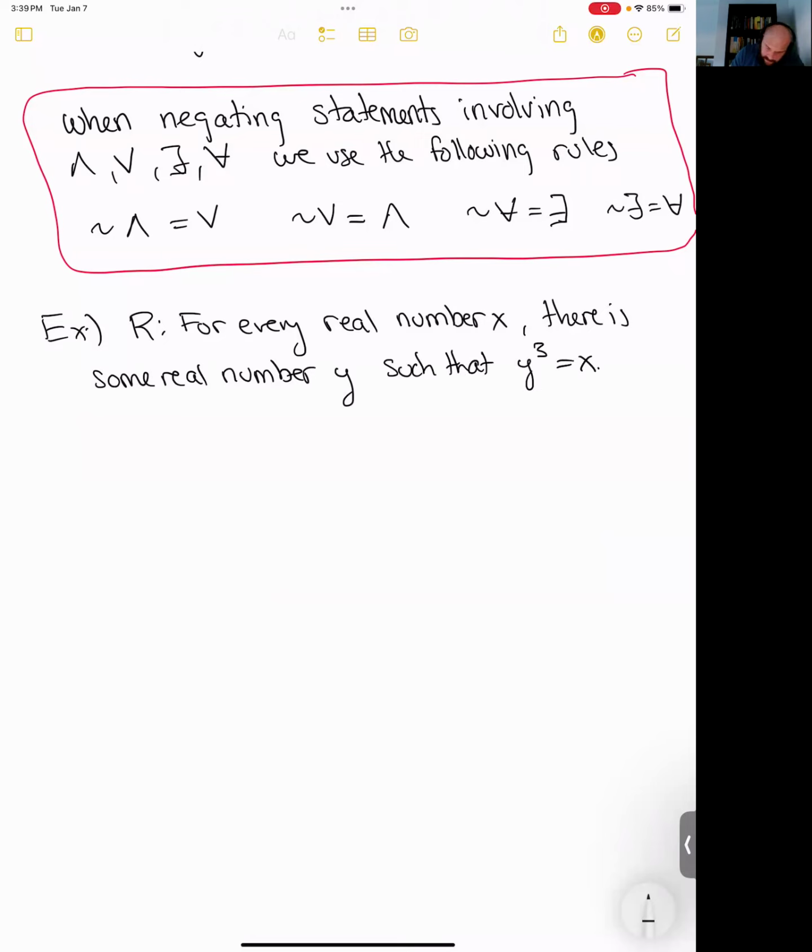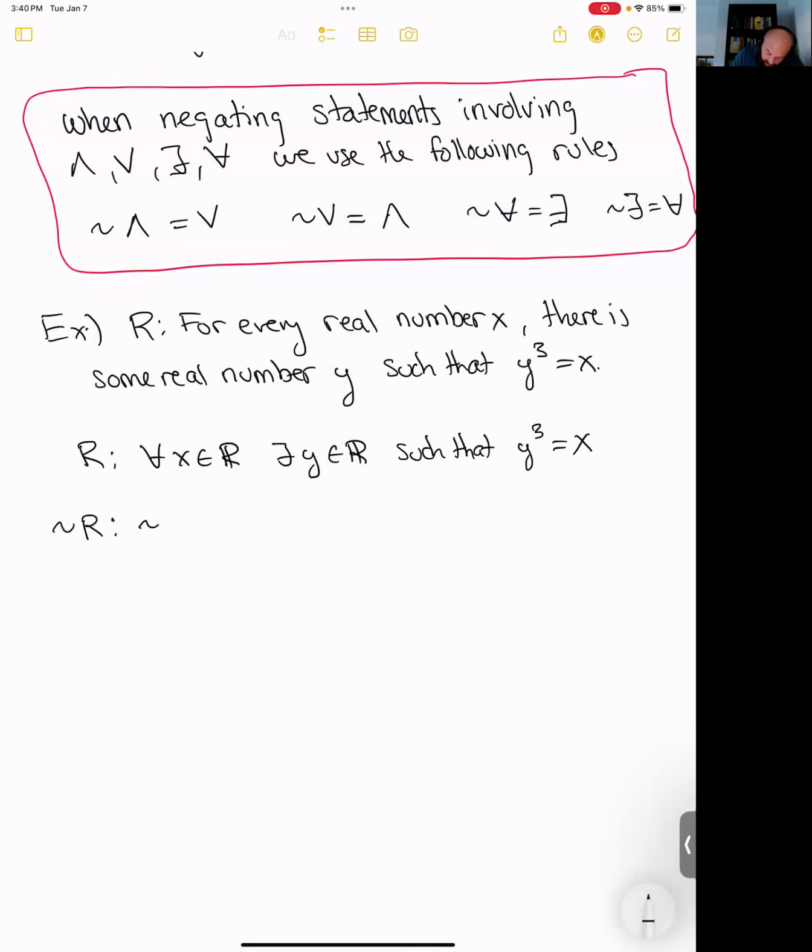Okay, so first of all, I've written R, the statement, in words, and now I want to do it using quantifiers. So R is equivalent to saying for all x in the real numbers, there exists a y in the real numbers such that y cubed equals x.